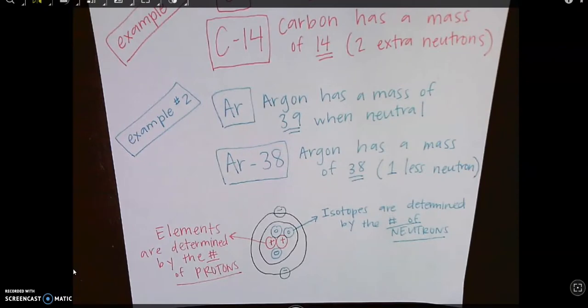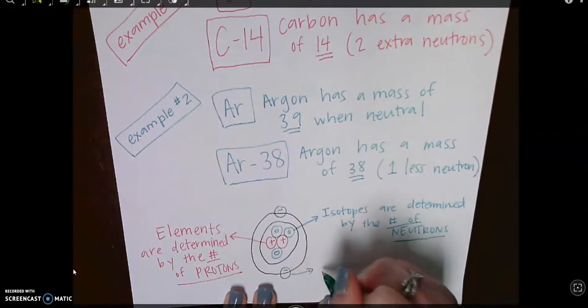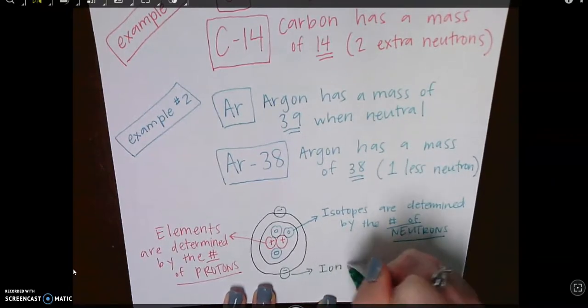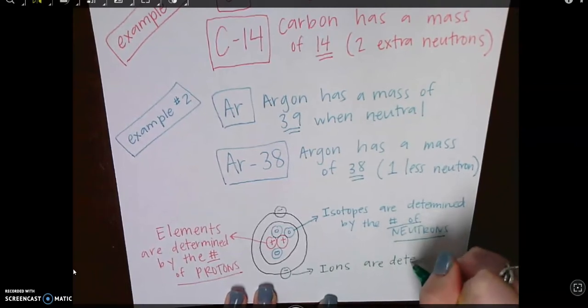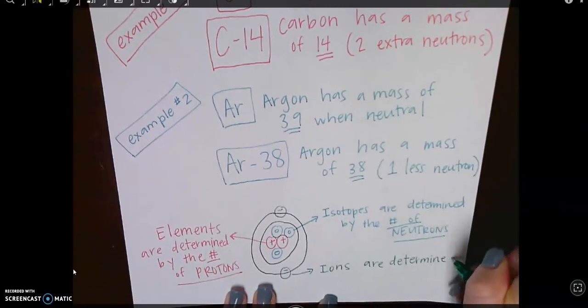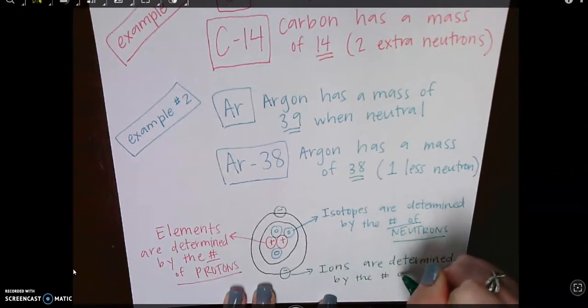So taking that atomic mass of my isotope and subtracting out my atomic number. And then lastly, we know that electrons, like we talked about previously, are going to determine ions. So ions are determined by the number of electrons.